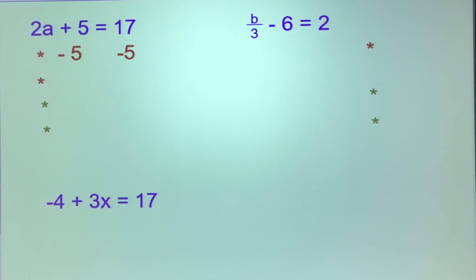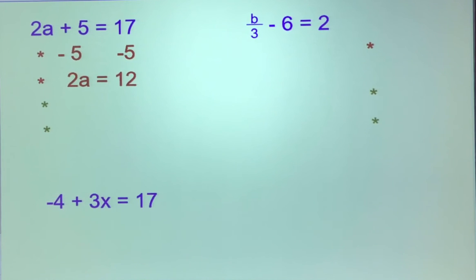When we do this, on the side with the variable, we've learned that it's going to cancel out. Mathematically, it's 5 minus 5, which is 0, and 2a plus 0 is 2a. So we're left with 2a is equal to 12. We know that 2a means 2 times a, so to undo the multiplication, we need to use an inverse operation of division.